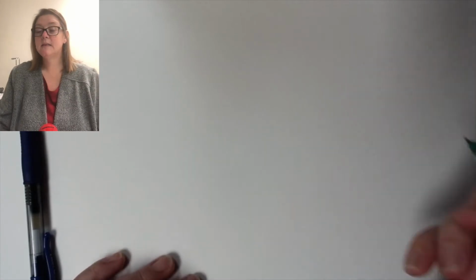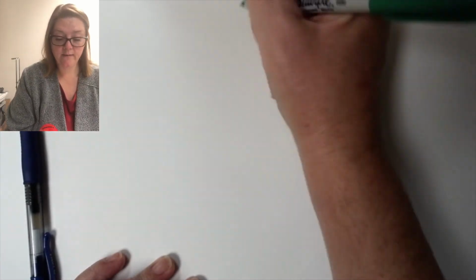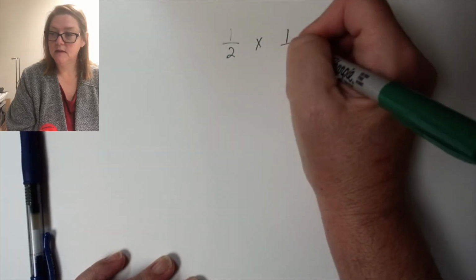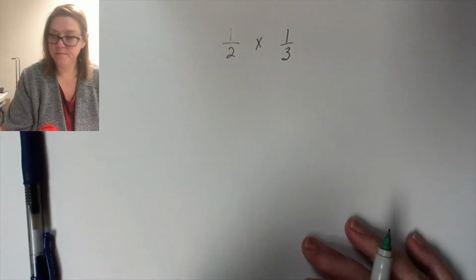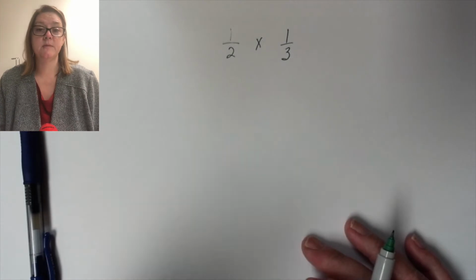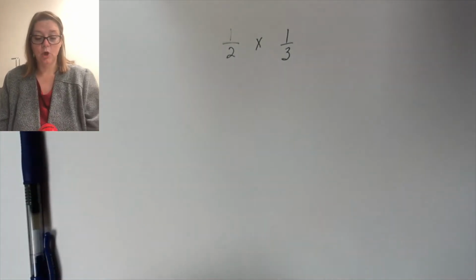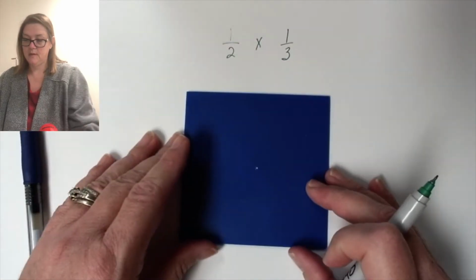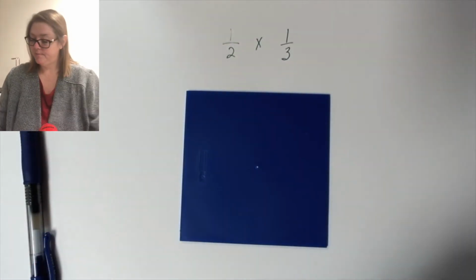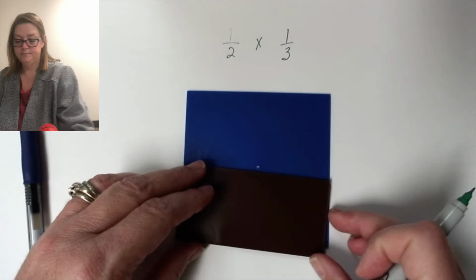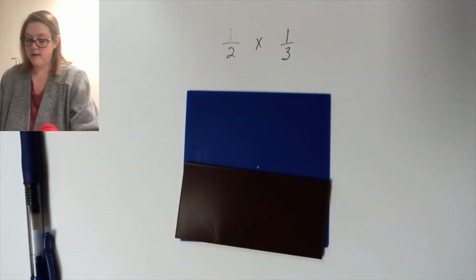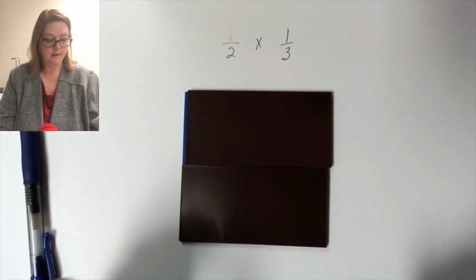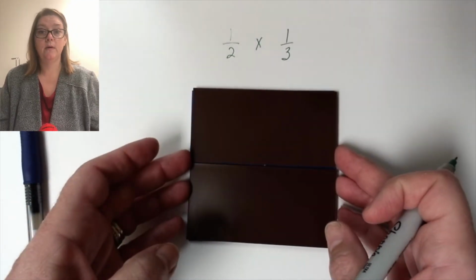Okay, so this next one that we're going to do is 1/2 times 1/3. So now that we see 1/2 times 1/3, we want to look at this as, again, a whole. So I have my whole. And we're going to have our half pieces, and I'm going to look at my 1/3.